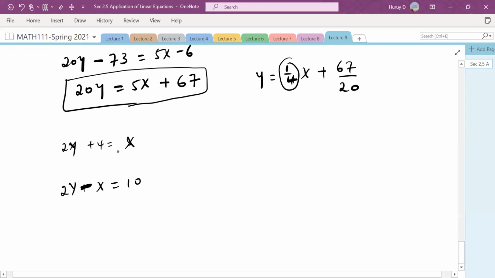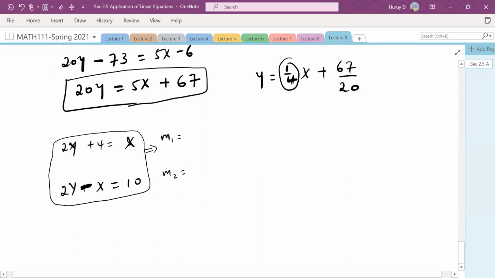Now, what can we say about this? If you're given the equations of two lines, and you're asked to determine whether these two lines are perpendicular, parallel, or neither, then what you need to do is figure out what M1 is, figure out what M2 is, then check whether they satisfy the relationship of perpendicular or parallel lines.